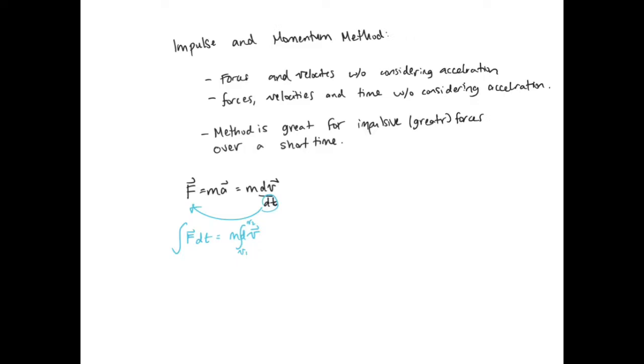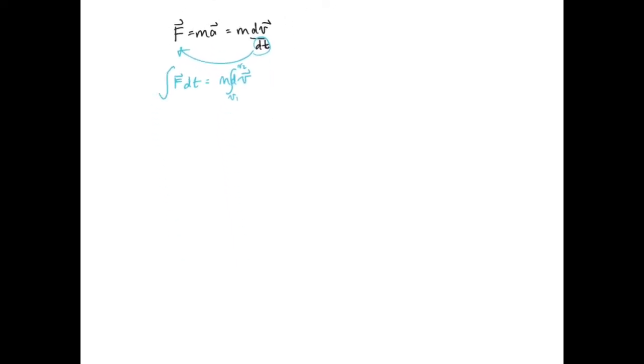So when we rewrite this, we have the integral of the force dt is equal to the mass times the second velocity minus mass times v1. And if I just rearrange this, you end up with the mass times velocity 1 plus the integral of F dt is equal to the mass times the second velocity.